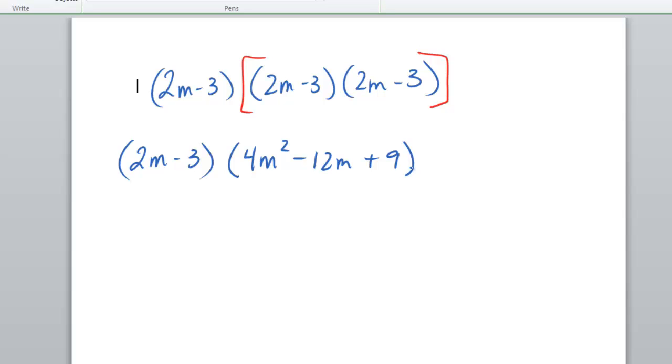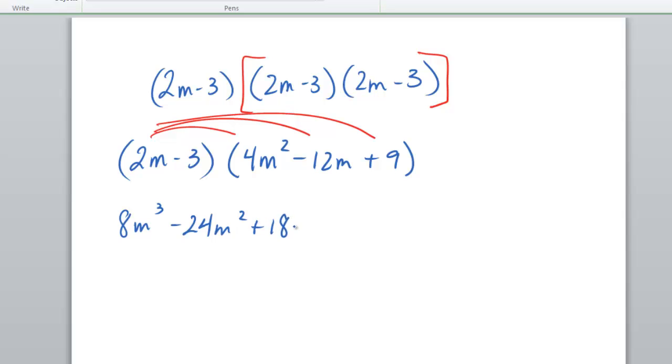Now we're back to our original multiplication problem where we have a binomial times a trinomial, and I can simply distribute the first term, which will give me the following terms. Then I can simply distribute the 3 to every term, which gives me the remaining terms.